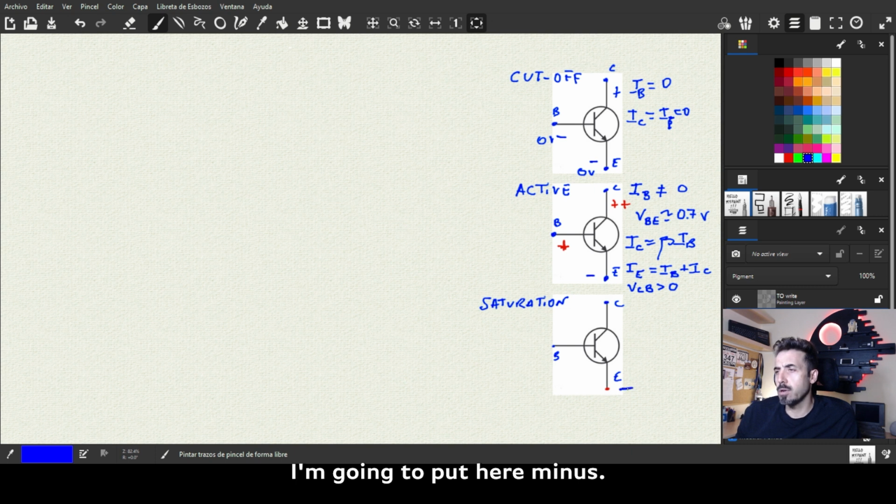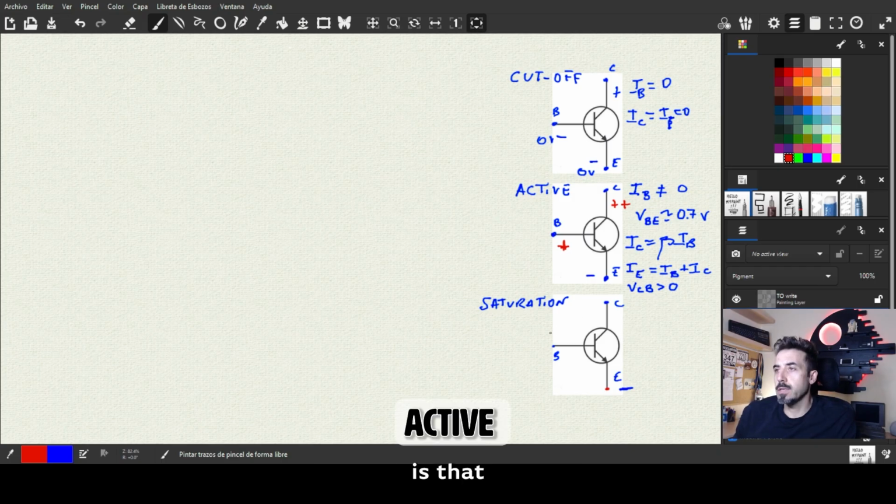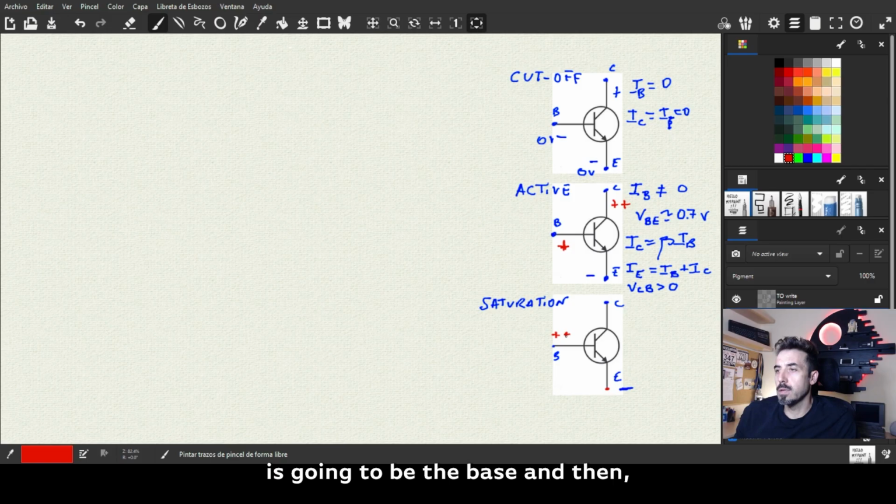So because of that, I'm going to put a minus here. But here is a big difference compared to active: the most positive one is going to be the base, and then the collector is going to be less positive than the base.